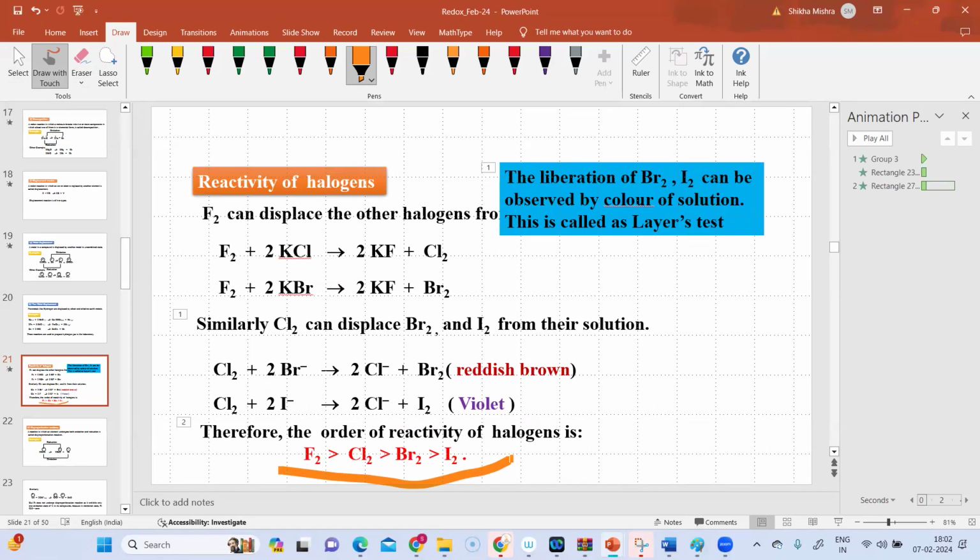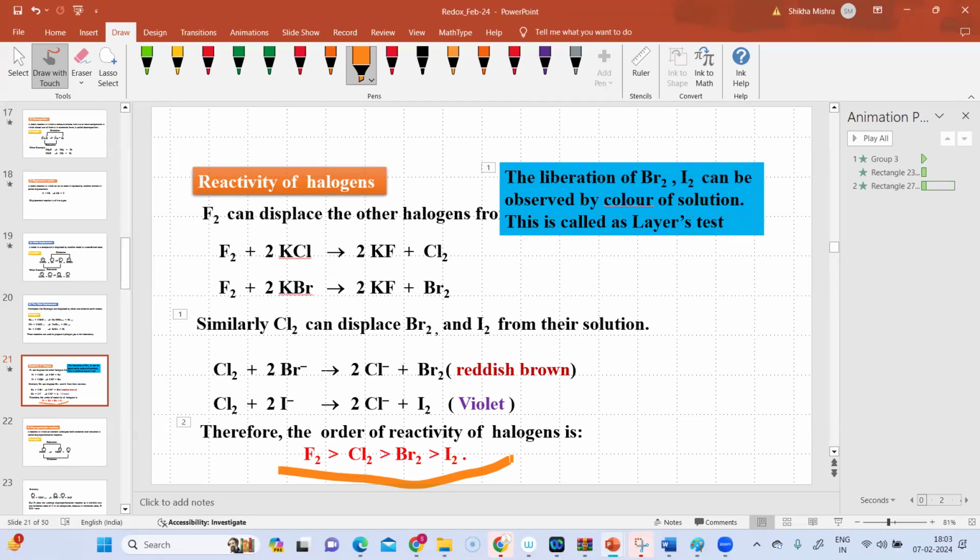Have you done the layer test, Ritika? Okay. These can be seen in the form of layers when you are performing the test. So therefore, it is called a layer test. Even if you have not done it, it's important for you to remember the names of the gases liberated and their colors, right?